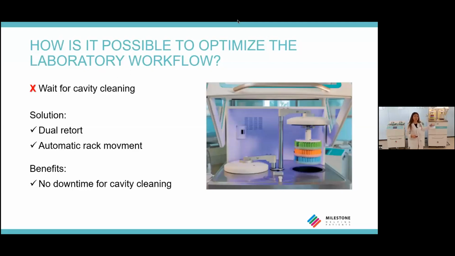So it's not always necessary to perform the end of the run cleaning. And also there are no wax residues in circuits. Talking about automation, as we saw in the article, between these two cavities in Magnus, the movement of the rack is fully automated.